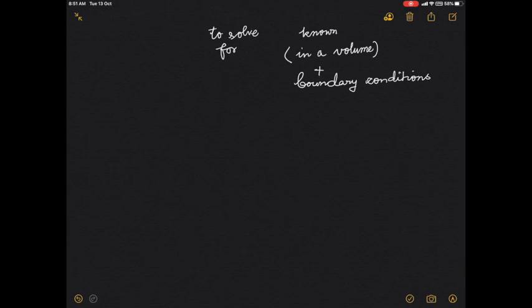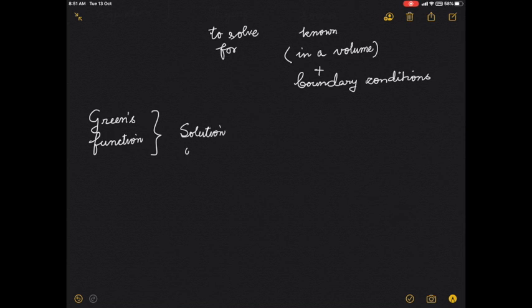Now, this is the question that we are asking. The way we answered it is, of course, using Green's method. So we introduced something called a Green's function, which is a solution of an equation which has the same operator, the solution we call G, but a delta function source.